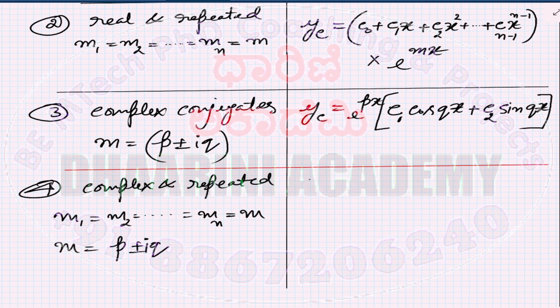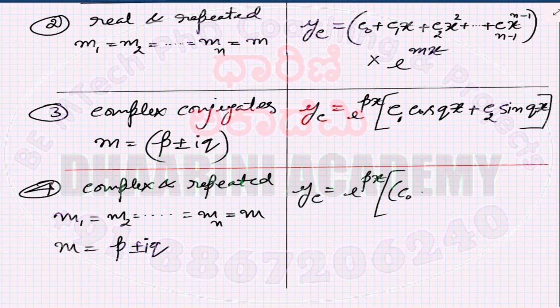Then the guess yc will be like this. yc is e to the power px. No problem with this, this is as it is. What I write inside is going to change now. If the roots are repeated n times, I am supposed to write n minus 1 terms inside.